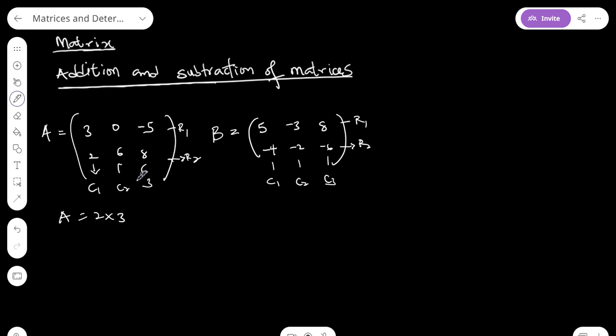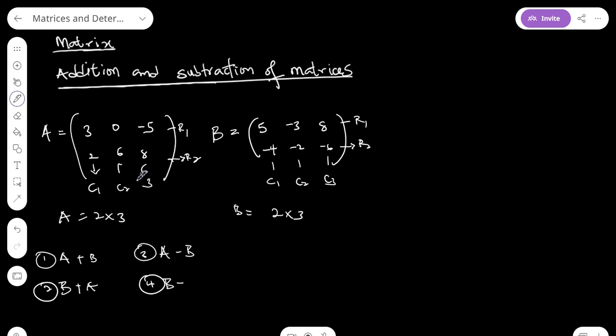So it simply means that B is also of order 2 by 3. Now we can find number 1, A plus B, number 2, B plus A, number 3, A minus B, number 4, B minus A.